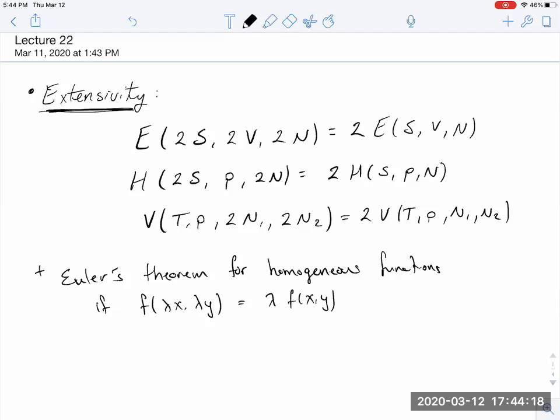So if that's true, if f is first order homogeneous in its arguments x and y, then Euler taught us that we can in general write f of x and y in a simple way, namely how f changes with x at constant y times x, plus how f changes with y at constant x times y.